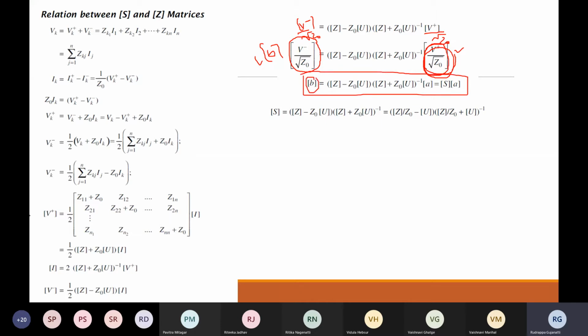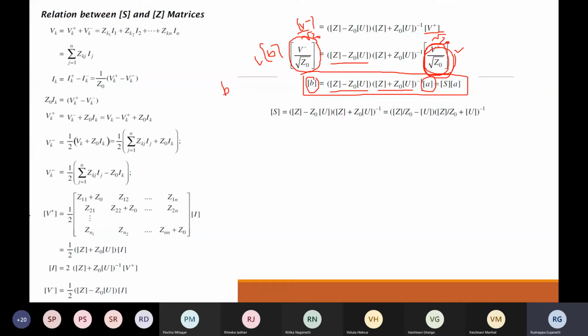So we have the reflected wave amplitudes, which is equal to Z minus Z naught into U into Z plus Z naught into U, its inverse. This is multiplied with the incident wave amplitudes.